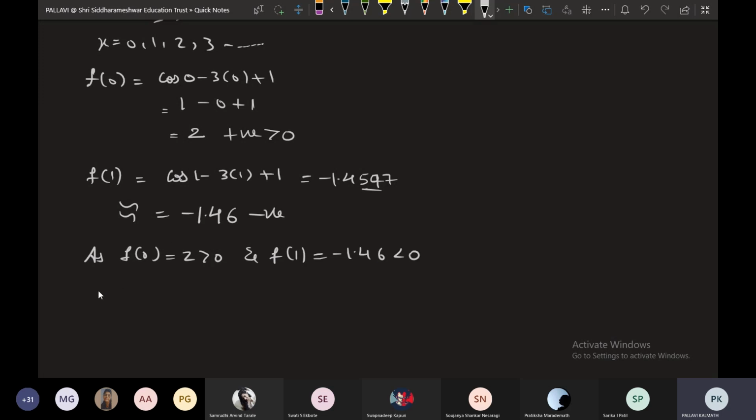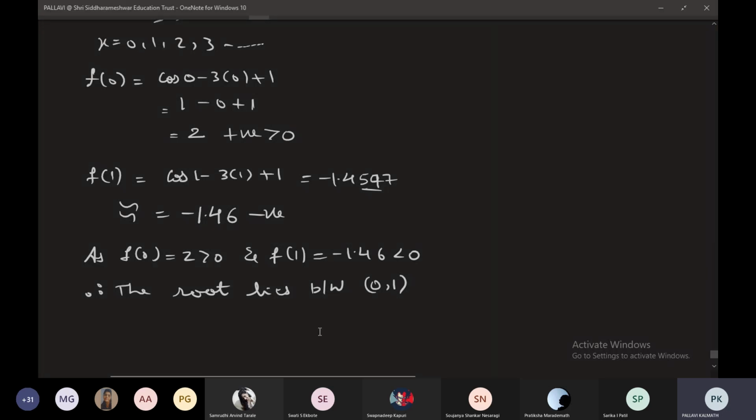Between 0 to 1. Okay, write down. Therefore, the root lies between 0 to 1.